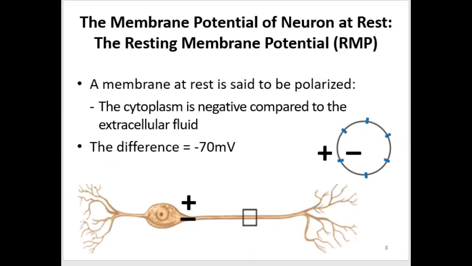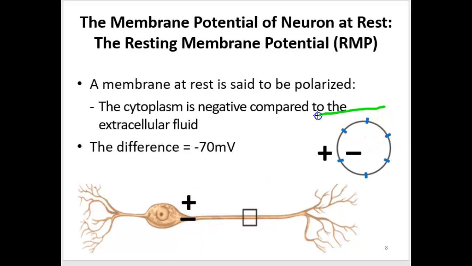So the membrane potential of a neuron at rest is called the resting membrane potential. And it is said to be polarized, this membrane, because there is a positive charge outside and a negative charge inside the cytoplasm. So the difference is 70 millivolts.